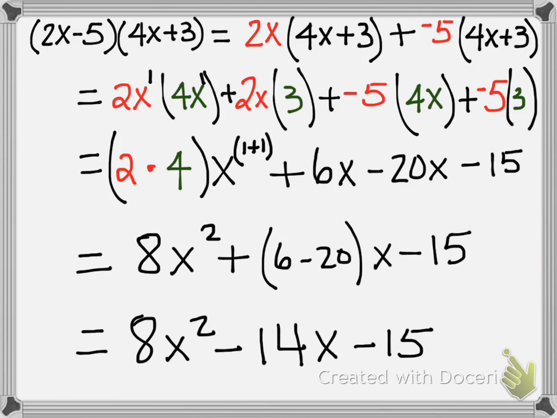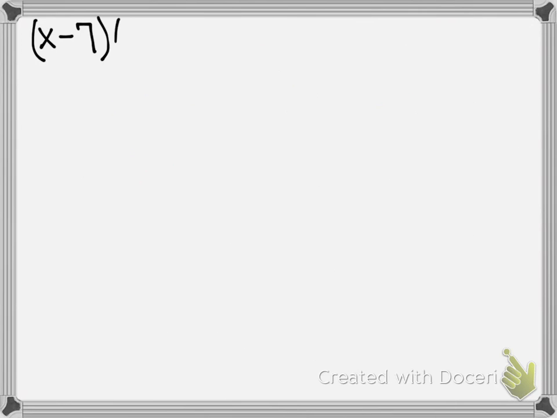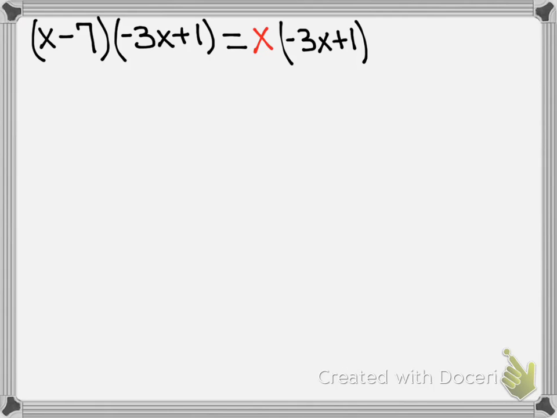Now let us look at another example. x minus 7 and negative 3x plus 1. So we follow the same protocol: the first term of the first binomial, multiply everything in the second binomial. We repeat with a plus, and negative 7 multiplies everything in the second binomial, which is negative 3x plus 1.